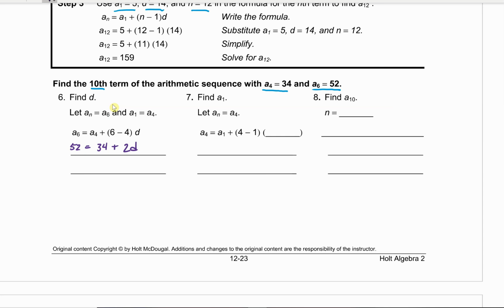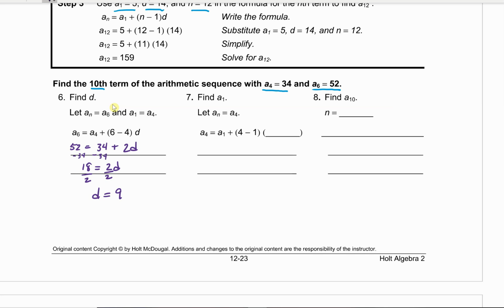So I'll subtract 34, I get 18 equals 2d, divide by 2, d is 9.